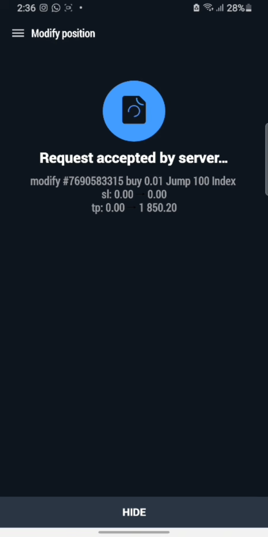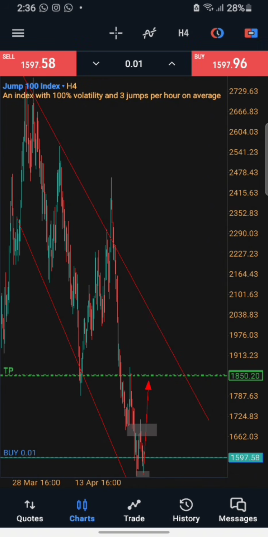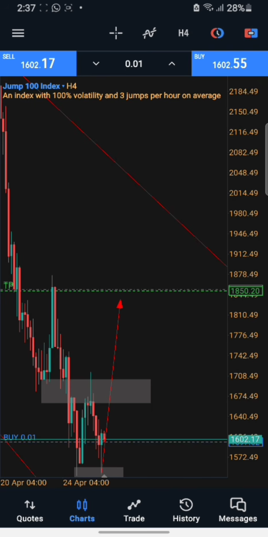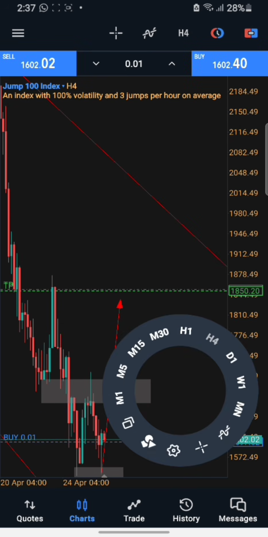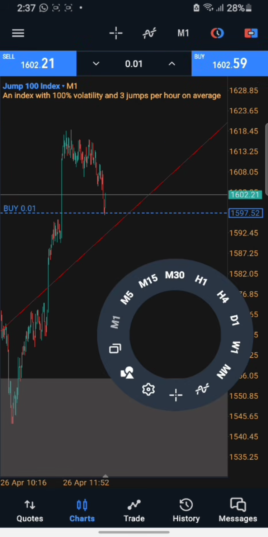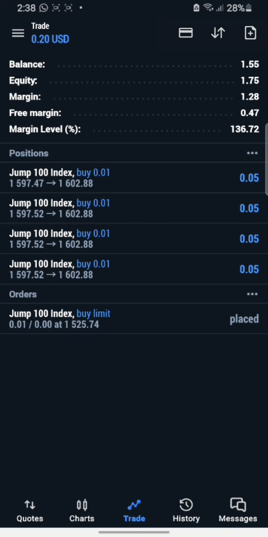So in terms of take profit, as always, you just put it at the area of resistance that was formed earlier on. So as you can see, we are in a little bit of profit, but the account is not that big to sustain other markets.